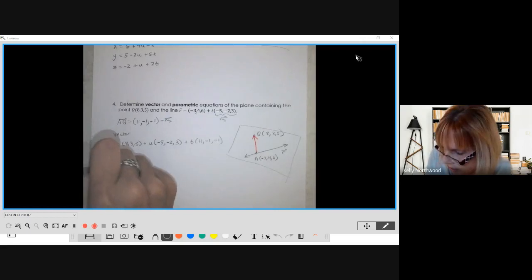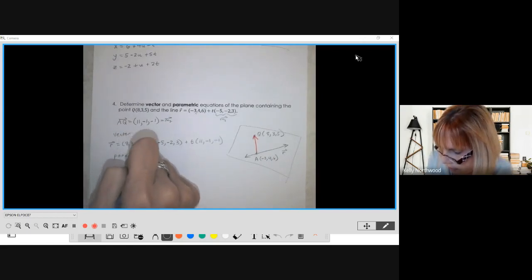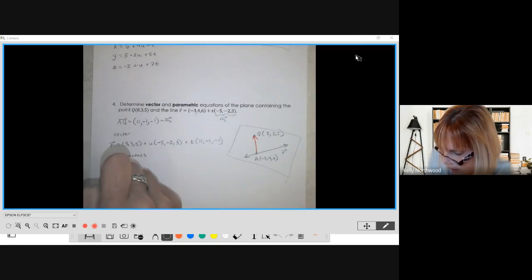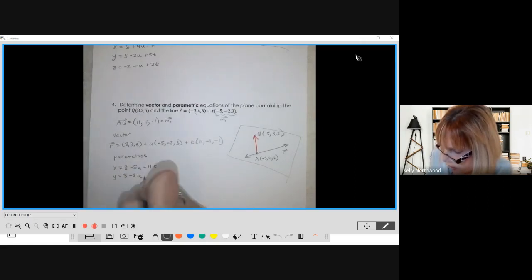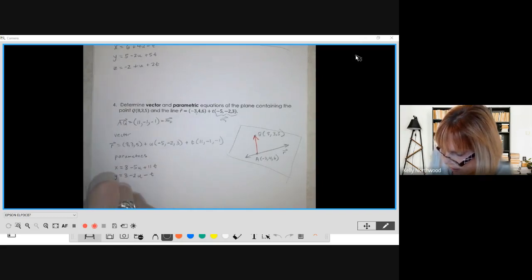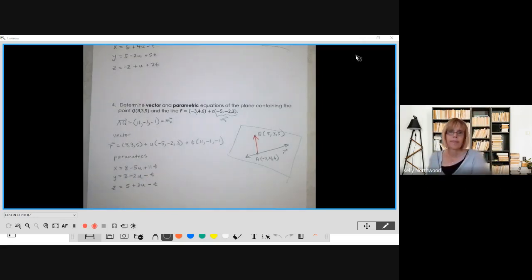And the parametrics: x would be 8 minus 5u plus 11t. y would be 3 minus 2u minus t. And z would be 5 plus 3u minus t. Excellent.